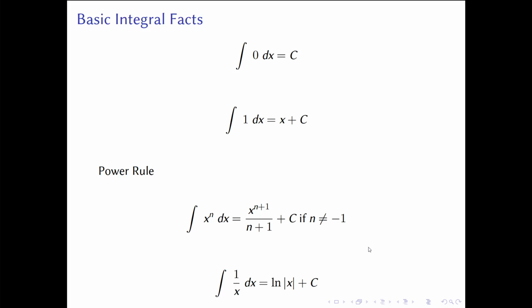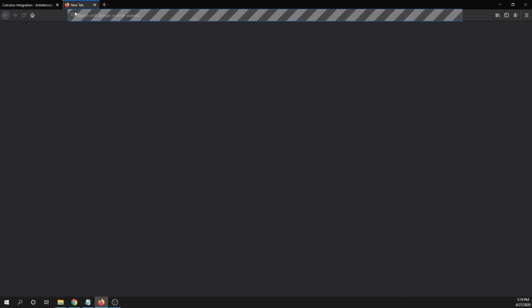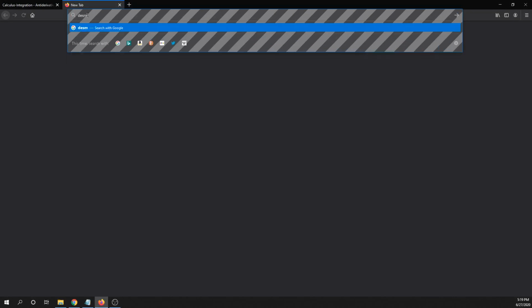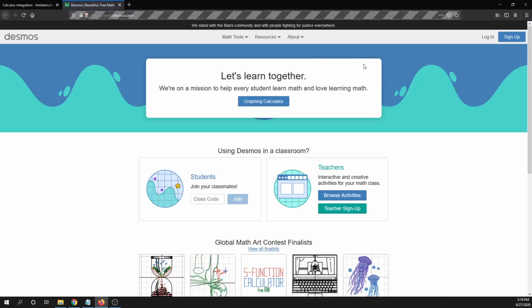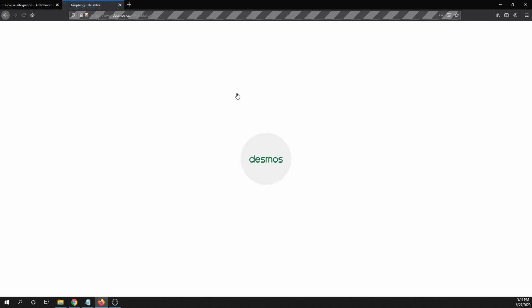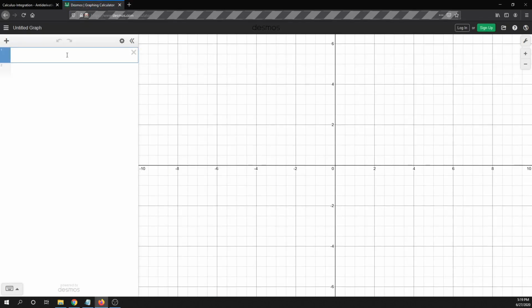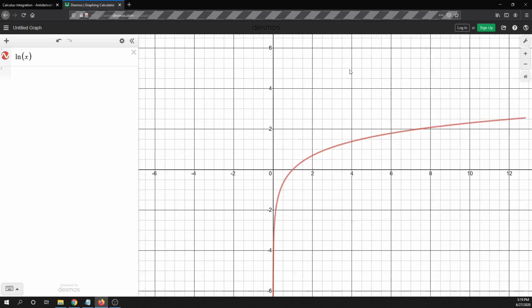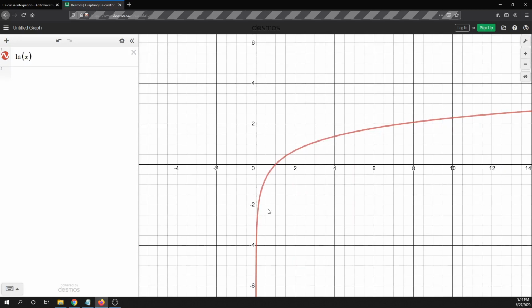Let's see if I can pop out of here real quick and take a look at Desmos. Change the site there. If I graph the natural log function, it looks like this. And the domain of the natural log function is x greater than 0.